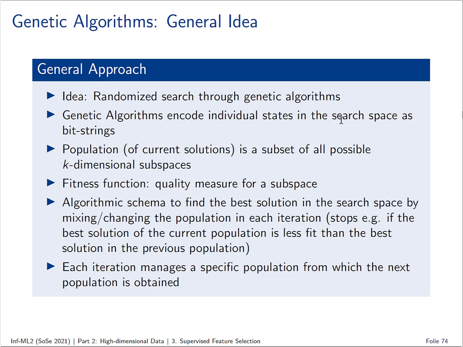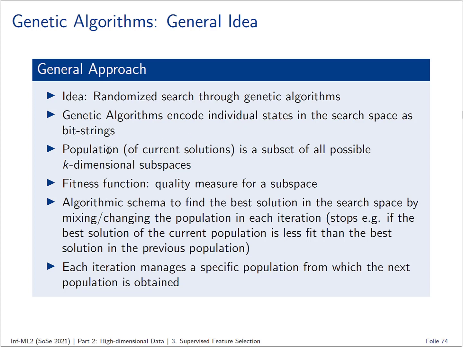So if we again want a k-dimensional subspace of our original feature space, and the original feature space has n dimensions, these n over k candidate states, or candidate projections, are the individual states of the search space. So that is the set of the search space actually. And we encode each member, each k-dimensional subspace, as a bit string modeling an individual state in the genetic algorithm.